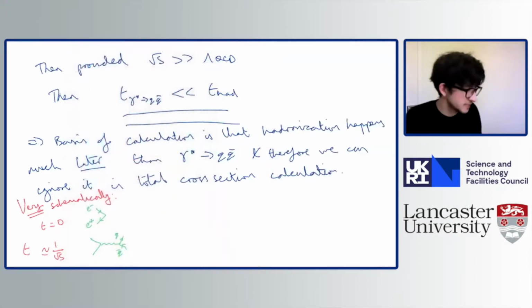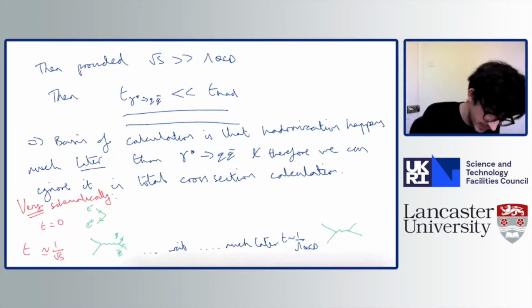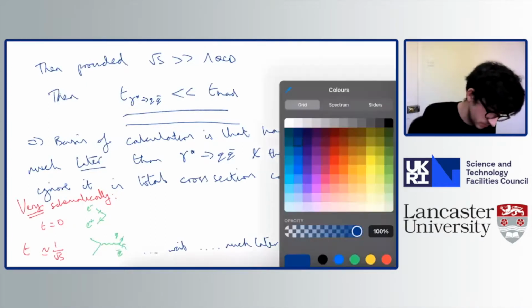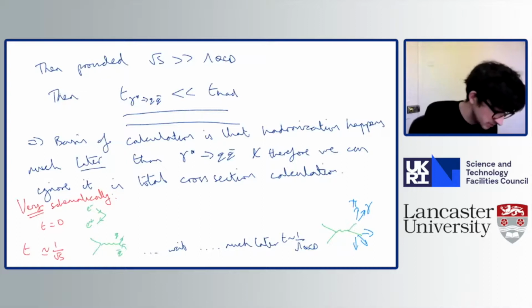That happens, we calculate it, and then you wait, and much later, t of order 1 over lambda QCD, these hadronize, they form pions, photons get emitted, whatever else. And so really we do have an actual separation between those two processes in our calculation.